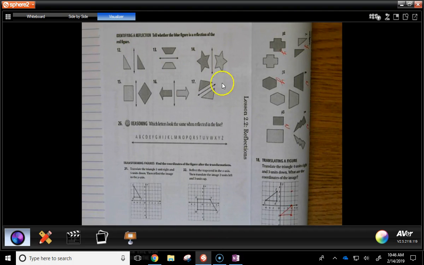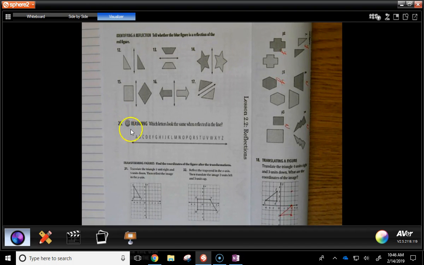But on 12 through 17, same thing like yesterday. Just put Y or N. Is it yes or is it no? Are they a reflection of the figure according to the line of reflection?